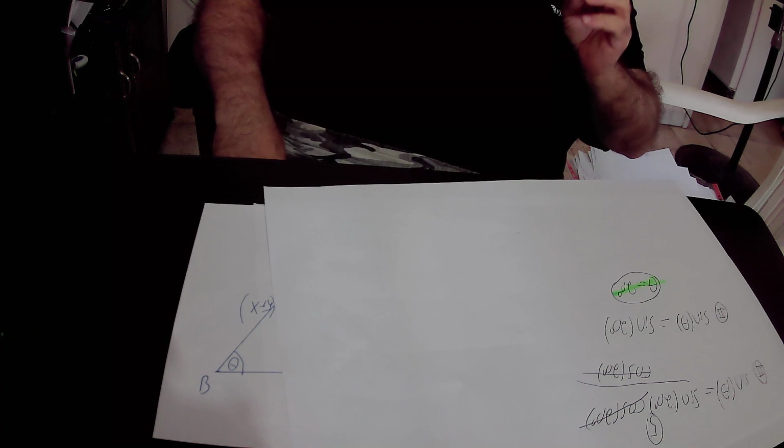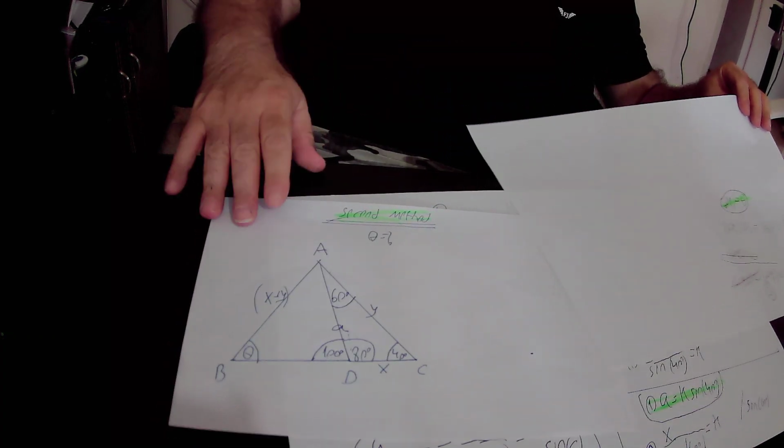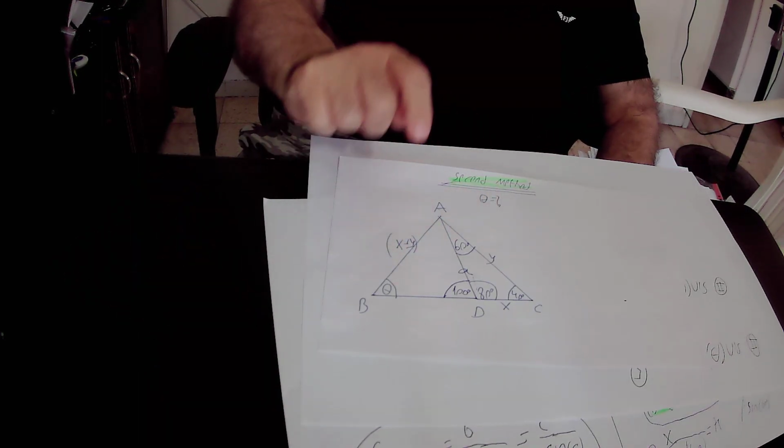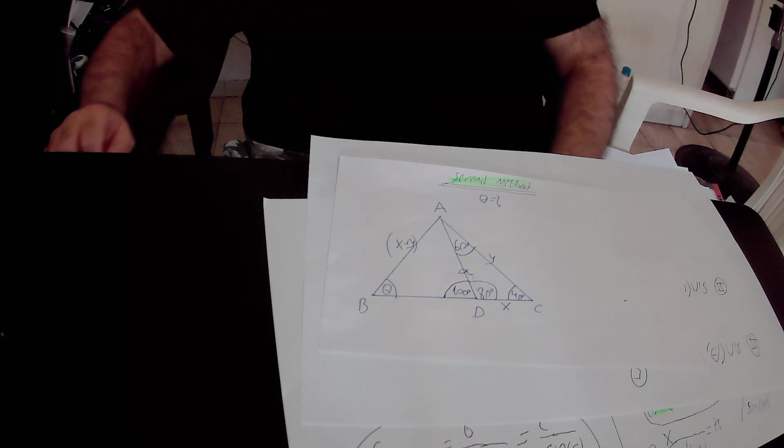Okay, so in both methods we found out that the size of this angle theta in triangle ABC is equal to 20 degrees. Okay, thank you very much.